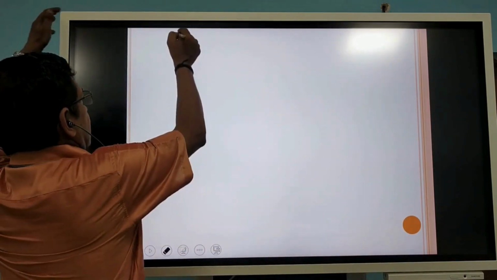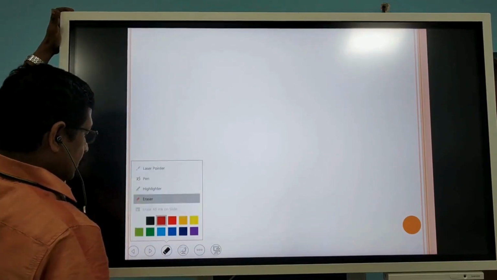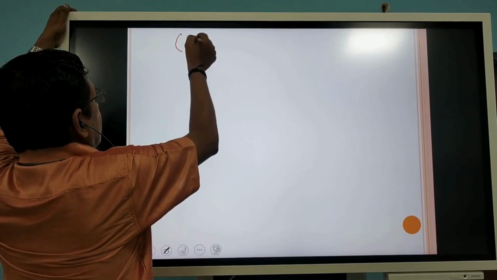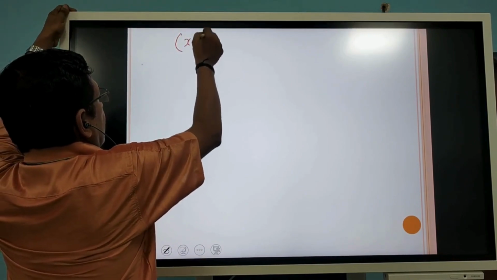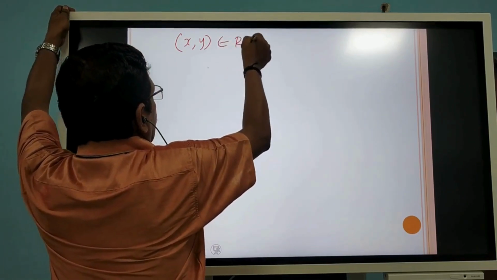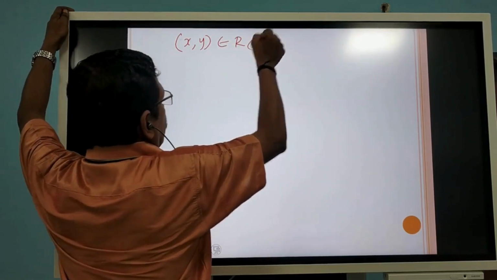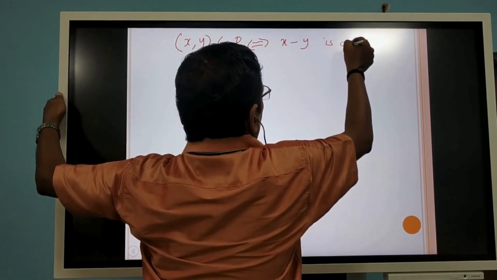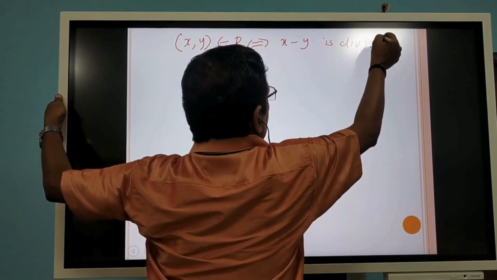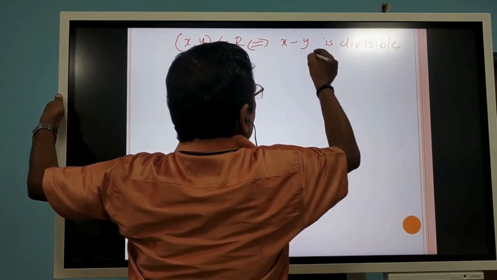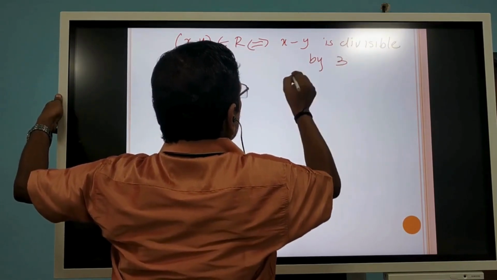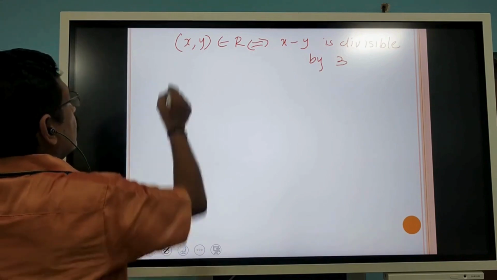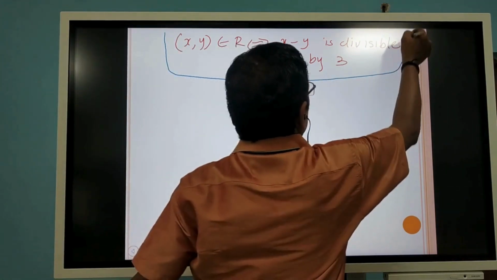For the sake of convenience, I am writing here ordered pair XY element of R implies, and implied by, X minus Y is divisible by 3. This was the relation for us, and put it in a box. So this is the relation.